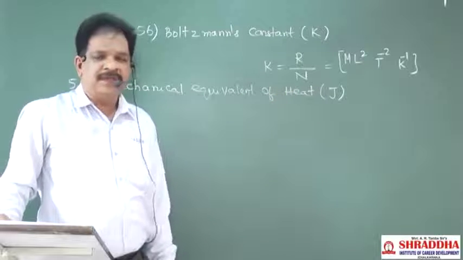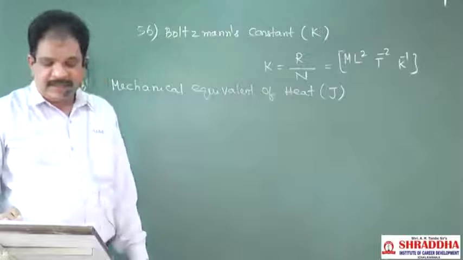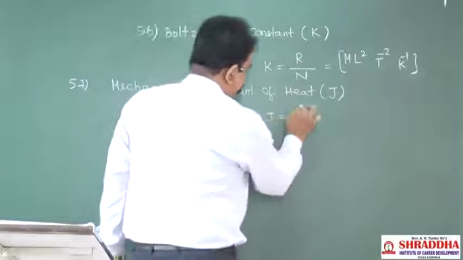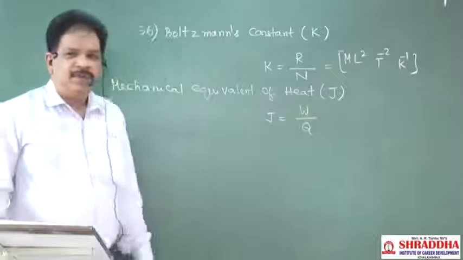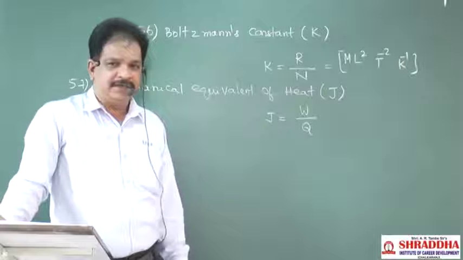This will be represented by the letter J. J is equal to W by Q. W will be the work, Q is the heat energy.